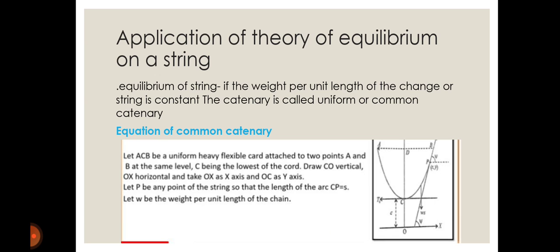Let ACB be a uniform, heavy, flexible chord attached to 2 points A and B at the same level, C being the lowest point of the chord. Draw OC vertical, OX horizontal, and take OX as x-axis and OC as y-axis. Let W be the weight per unit length of the chain.